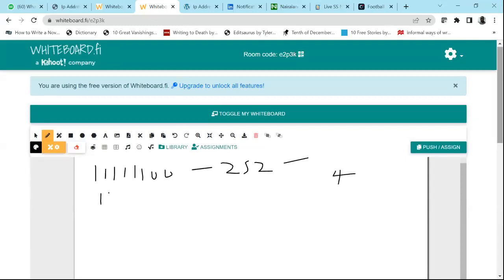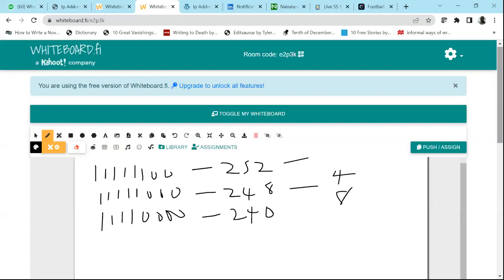You'll find that 1, 1, 1, 1, 1, 0, 0, 0 is 248 and has an incremental value of 8. You begin to see patterns. 240 has an incremental value of 16.